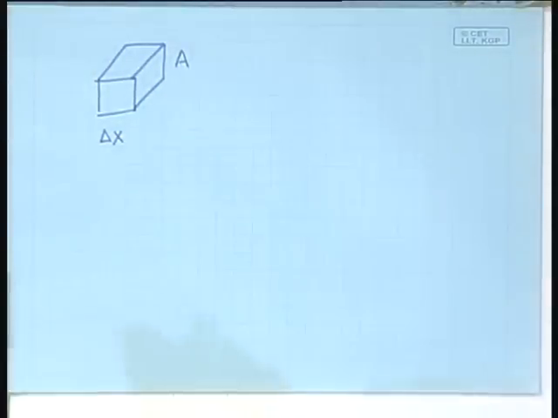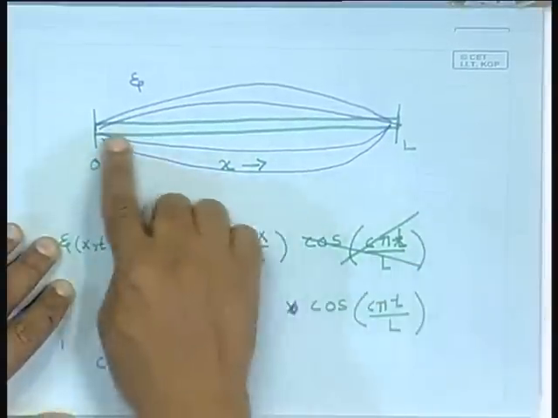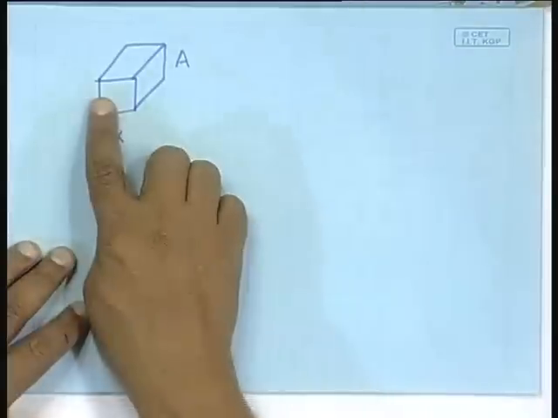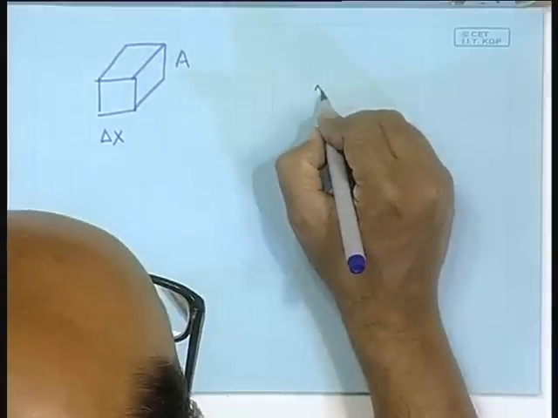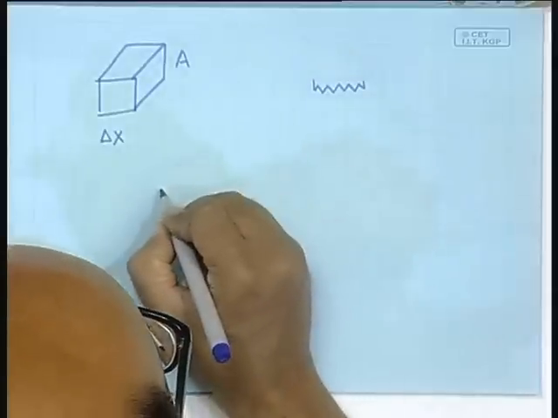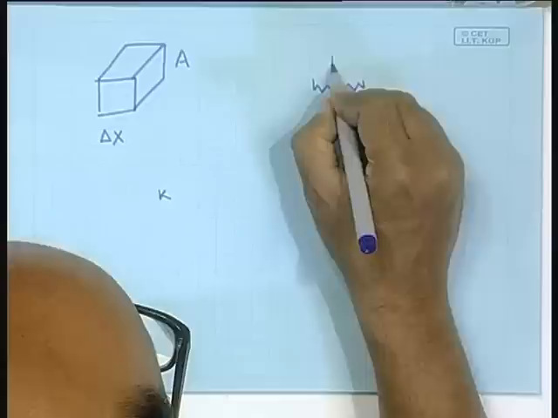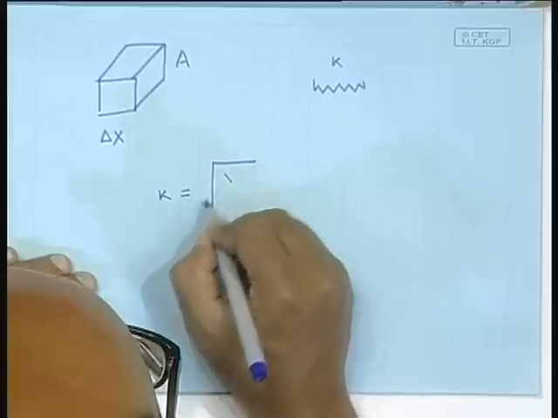And we have seen in earlier lectures that this can be thought of as a spring. So, any mass element inside this steel rod can be thought of as a spring with a spring constant K, which is, sorry, there is no square root.